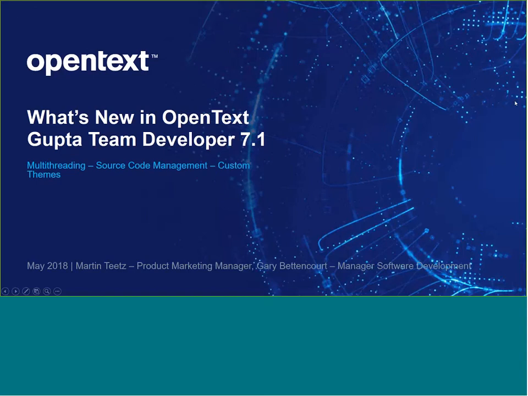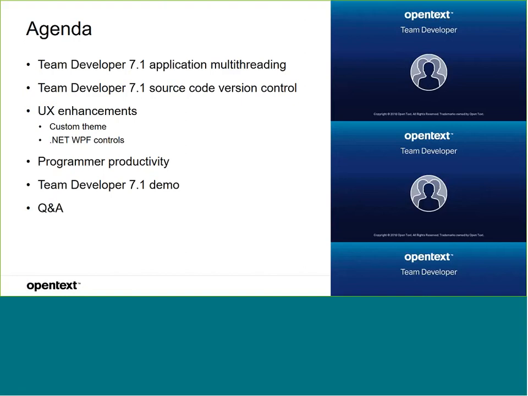I'm going to show you what's new in OpenText Gupta Team Developer 7.1, which we will soon launch. After I talk about the product benefits and features, Gary Betancourt, the Manager of Software Development for Team Developer, will do a product demonstration, and then we will have a question and answer session. So here's the entire agenda.